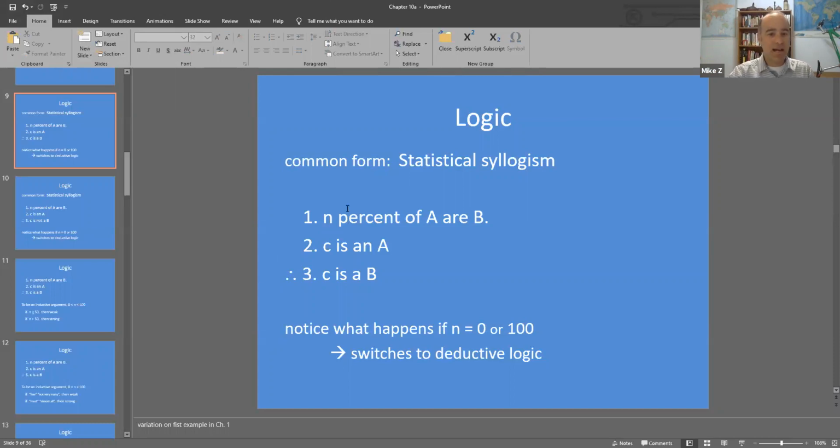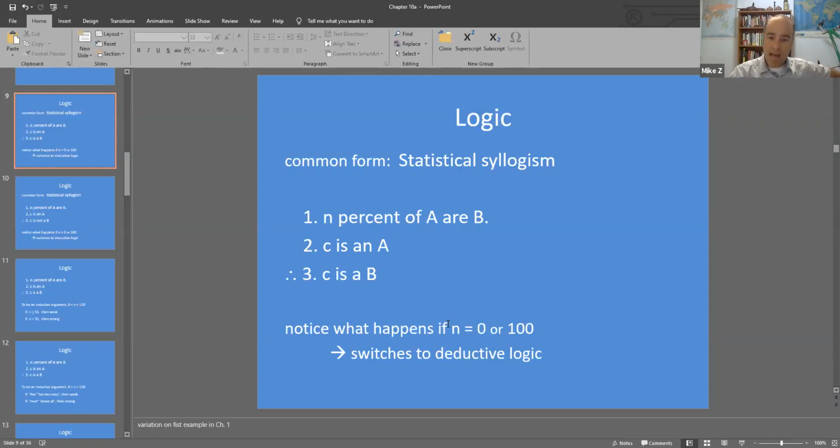And so this is sort of a variation on the very first example we ever saw at the very beginning of chapter 1 that said that all humans are mortal. Socrates is a human, so therefore Socrates is mortal. But that was a deductive argument. In fact, it's a deductively valid argument, whereas this is an inductive argument.